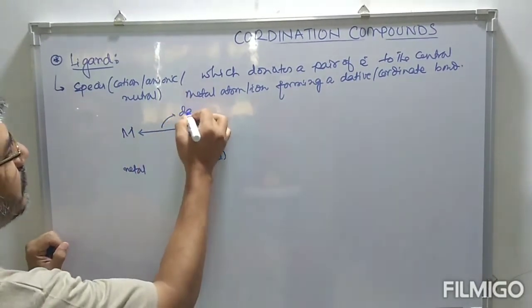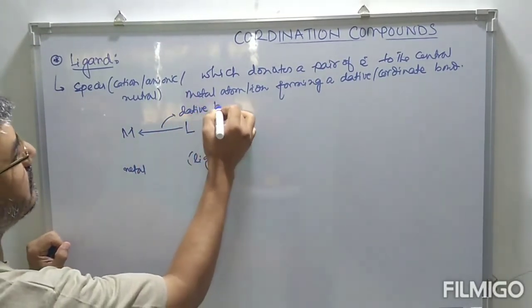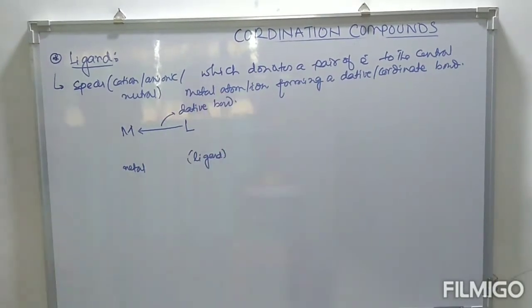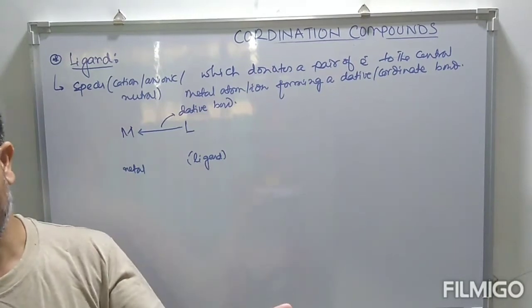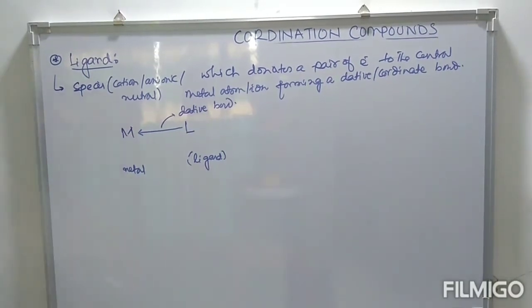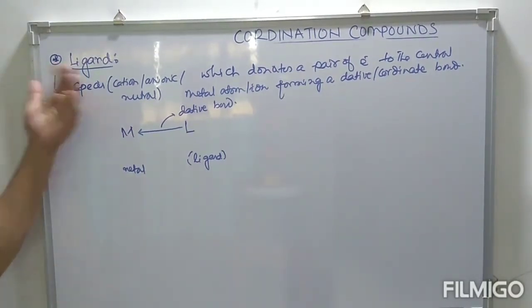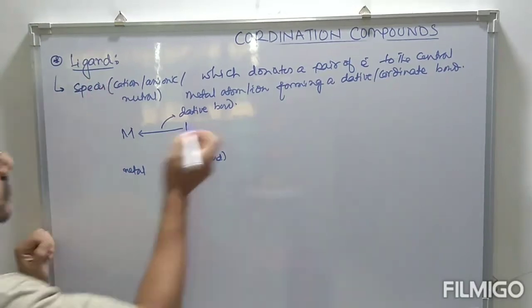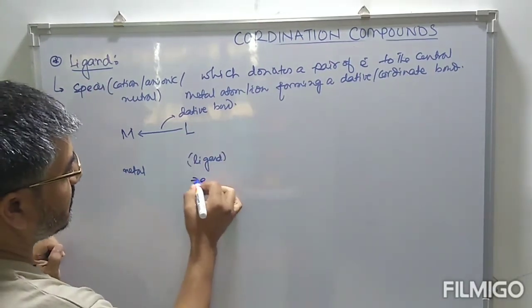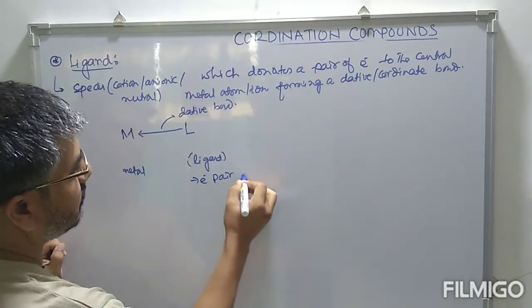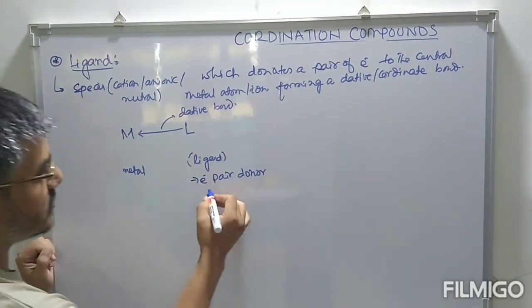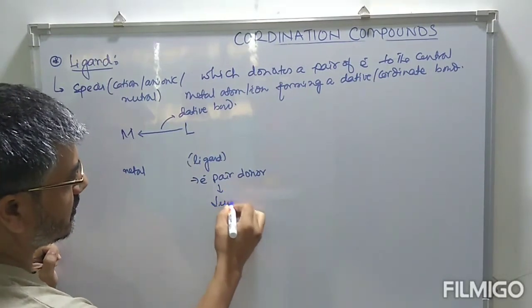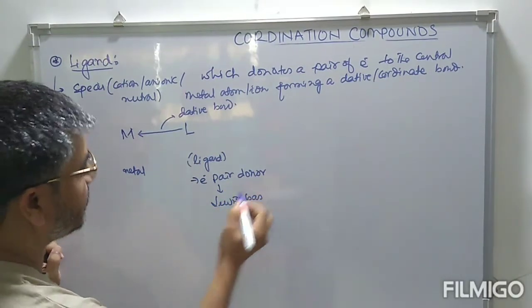A ligand may donate one pair or two pairs of electrons, so at least one electron pair donor. So this ligand is an electron pair donor, a Lewis base.